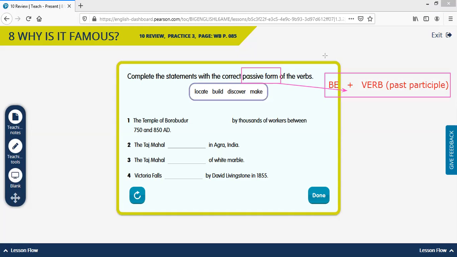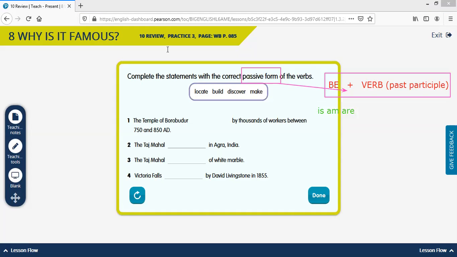Now, when we use the verb be, we're going to use it always depending on the tense that we have to use. Okay, if we have the verb be in present, we're going to say is, am, are. Okay, it depends on what person we have if the tense is in present.